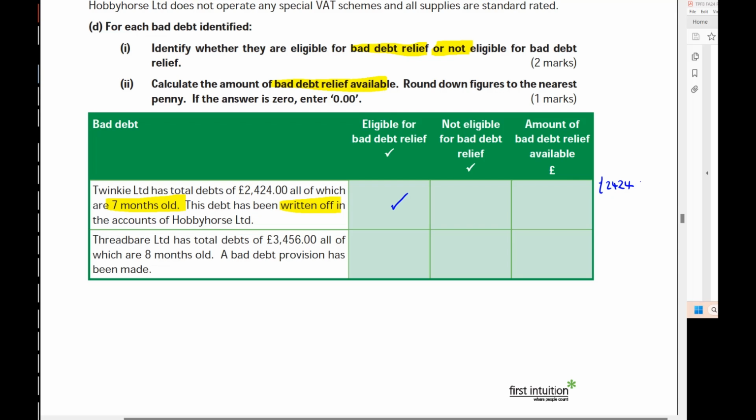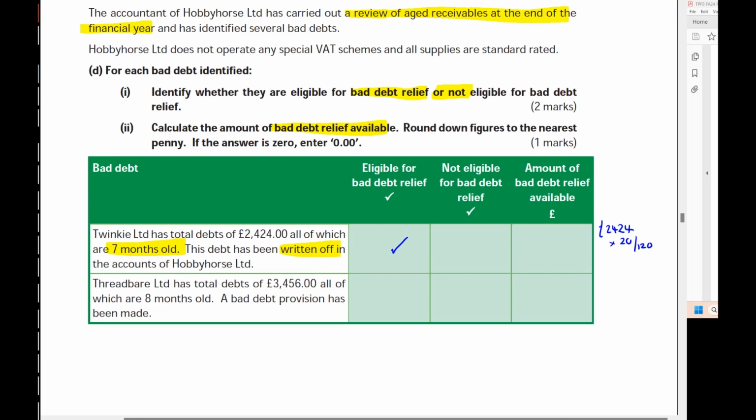Unless the question tells me otherwise, I assume it's standard rated supplies. Oh, it actually did tell me. It was just back up there. All the supplies are standard rated. So 404.